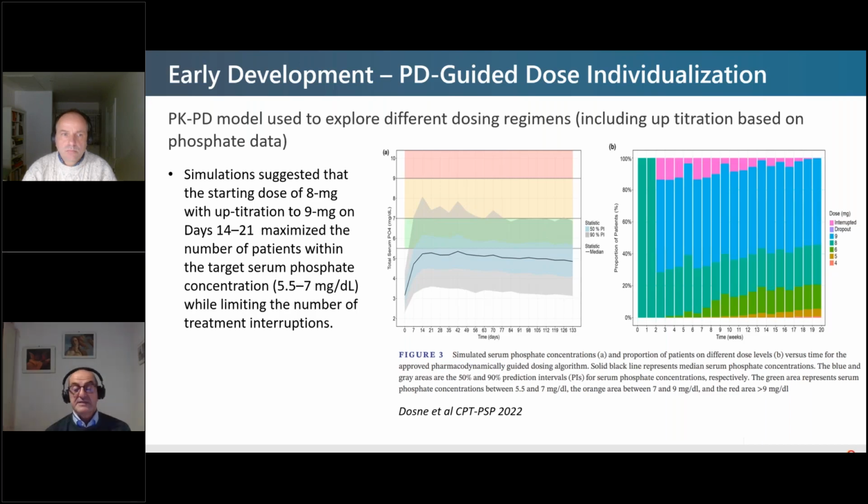On the right-hand side plot, instead, you can see the incidence of the different dose levels for the different time period after the start of the dose, the incidence of dose interruption, the incidence of dropouts.